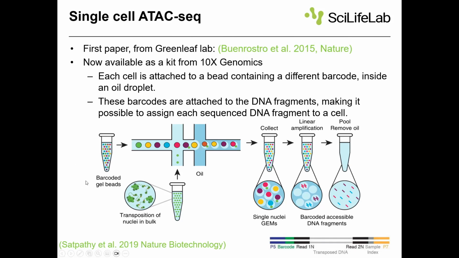So what you do here is you have your cells, and you add this transposase to all these cells together in bulk, and then you run them on the 10x machine.